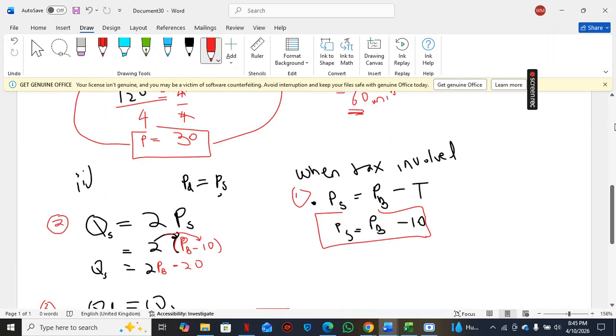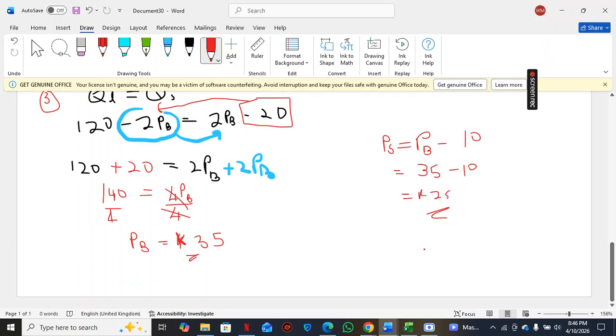Earlier on, before the tax, the buyer pays 30 kwacha, the supplier receives 30 kwacha. Now the tax has come in. The buyer is paying 35 kwacha, 5 kwacha extra, and the supplier is receiving 5 kwacha less. So it's like this tax has been shared between both. Remember the tax is 10 kwacha. The buyer is paying 5 kwacha more, and that extra 5 kwacha goes to government. The supplier is getting 5 kwacha less, and that other 5 kwacha goes to government, which makes a total of 10 kwacha tax.